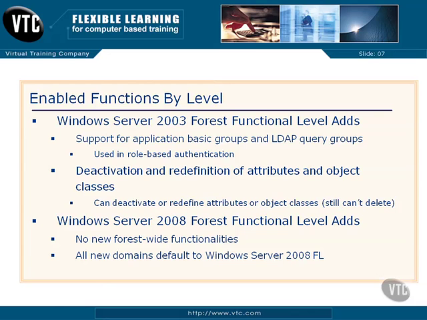However, once you're at the 2008 Forest functional level, all new domains automatically default to the Windows Server 2008 domain functional level, so you can't go backwards. Once you're at 2008 Forest functional level, you cannot take your domains back to Windows Server 2003. A lot of stuff here, guys. I'm sorry to do it to you. Look over this, be familiar with it. Just know that you could get questions about these functionalities in the various levels. So good luck with it.